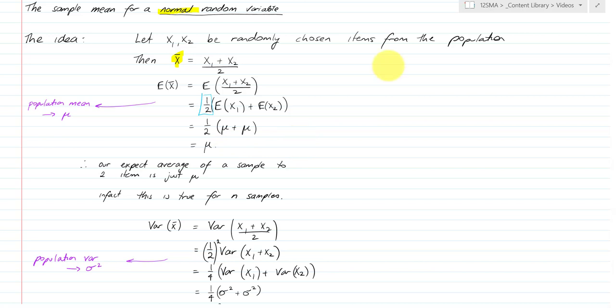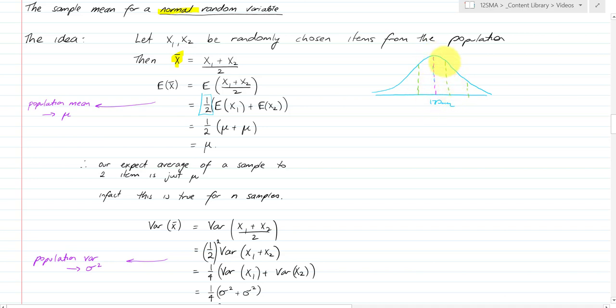So again, if I've got a normal set of data, let's say the heights of year 12 students, and it has a mean of 170 centimeters, and then some standard deviation, and I take, let's beef it up a little bit, a random sample of 3, 1, 2, 3, my expected value of the sample mean, the mean of those three, add them up, divide by 3, is going to be the same as the expected value of the distribution, which is mu, the center.